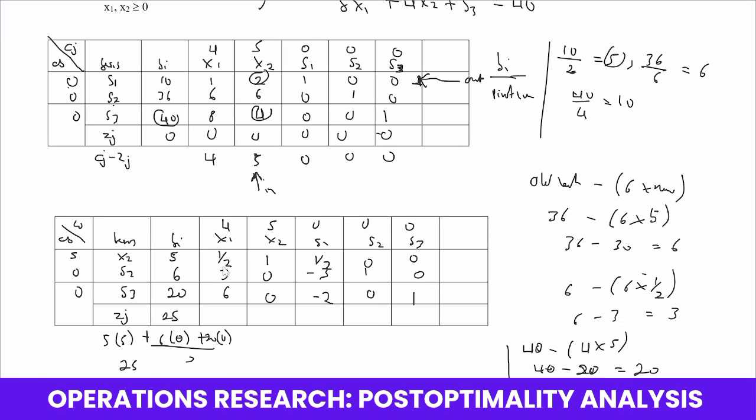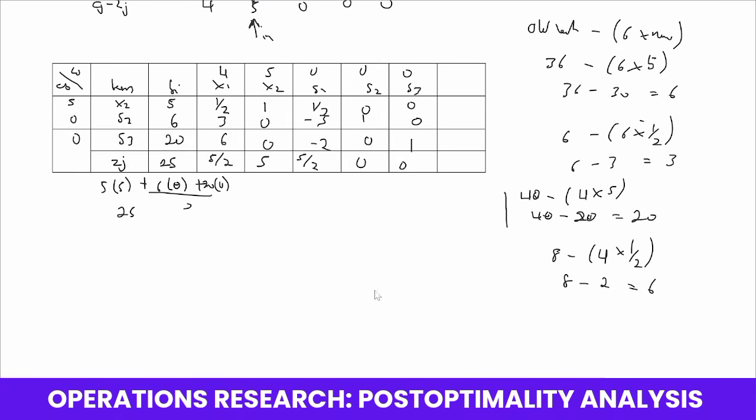And then you do the same for here. So 5 times 1 on 2, 3 times this 0, 6 times this 0, then you add them. So we are going to get 5 on 2 for here. We're going to get 5 on 2, 0, and then 0. Alright, so we go ahead and calculate for our CJ minus ZJ values.